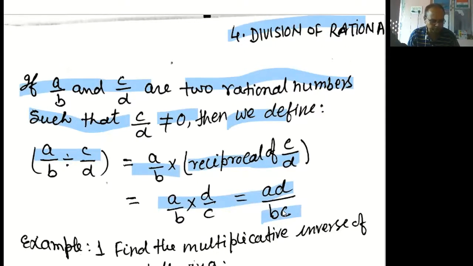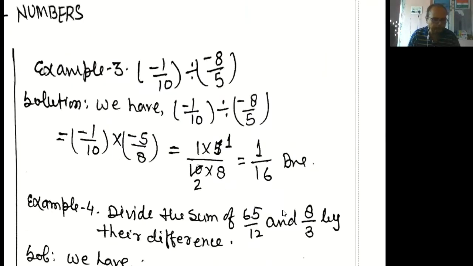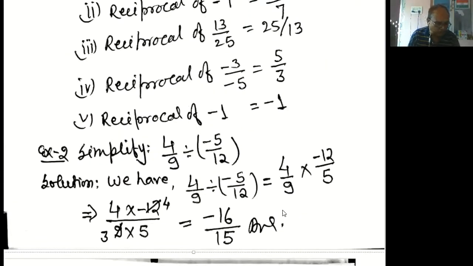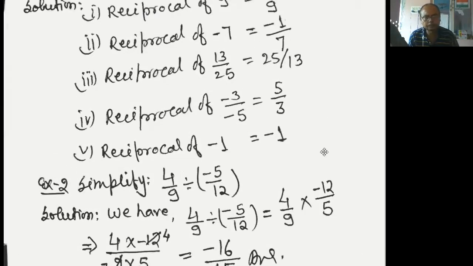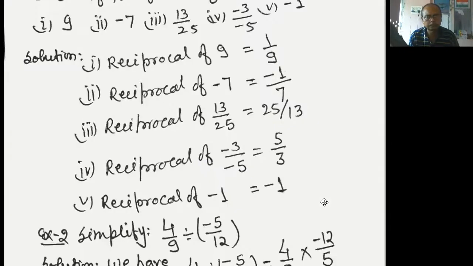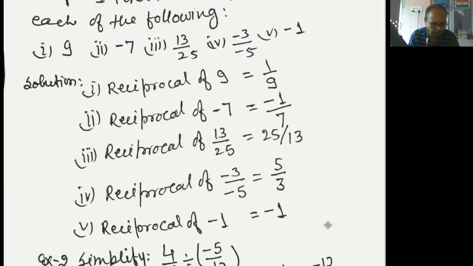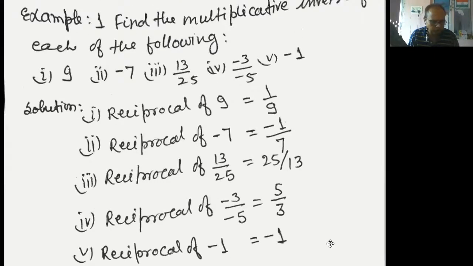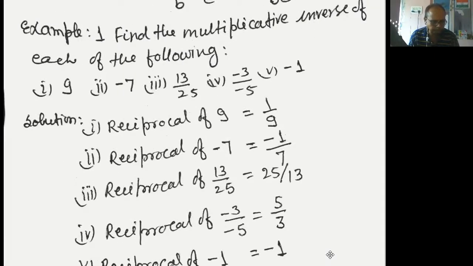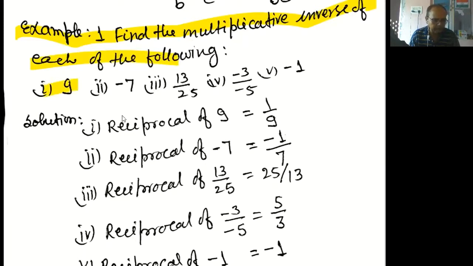We apply the rules in all the solutions. Example: find the multiplicative inverse or reciprocal of each of the following. First is 9.